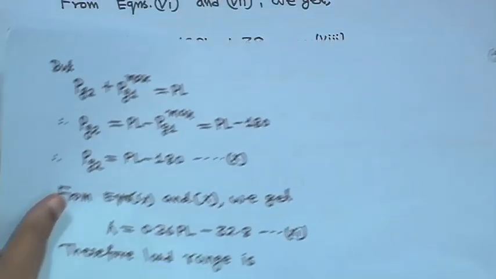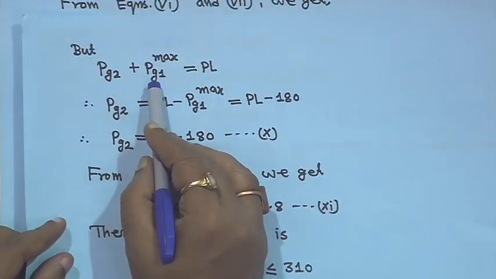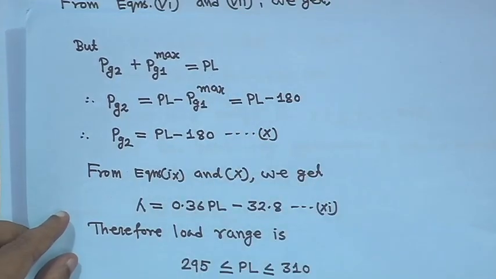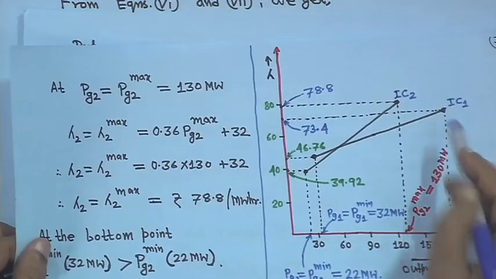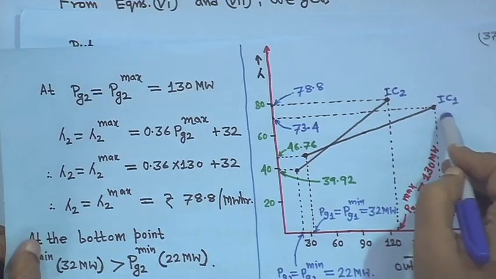In this case, Pg2 plus Pg1 max will be total PL, because at that time unit 1 has reached 180 megawatt.